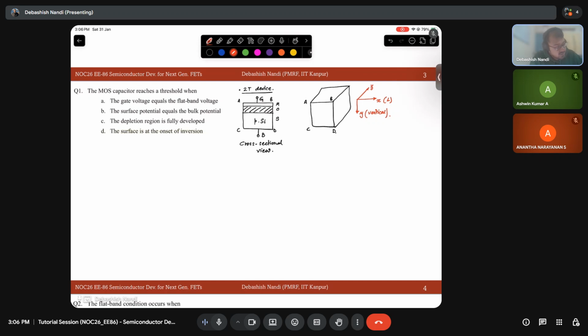Let me follow the right-hand rule. Let's take this one x, this one y, and this one z. So it is your width direction. Width direction becomes important when you go into MOSFETs, for narrow width effects and so on. So what are the assumptions in our discussion?